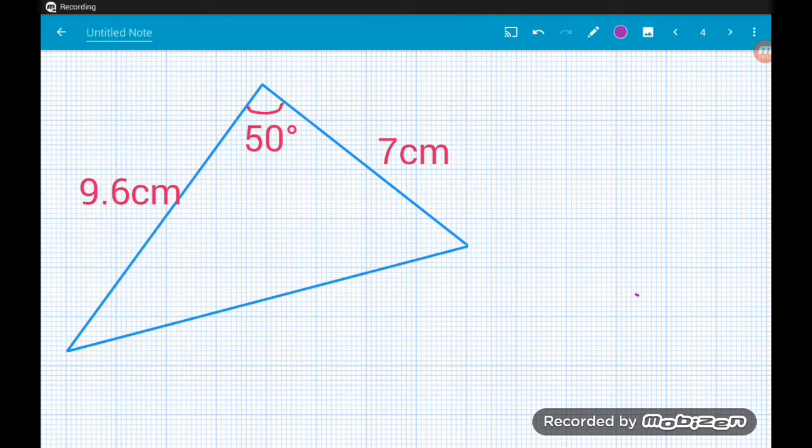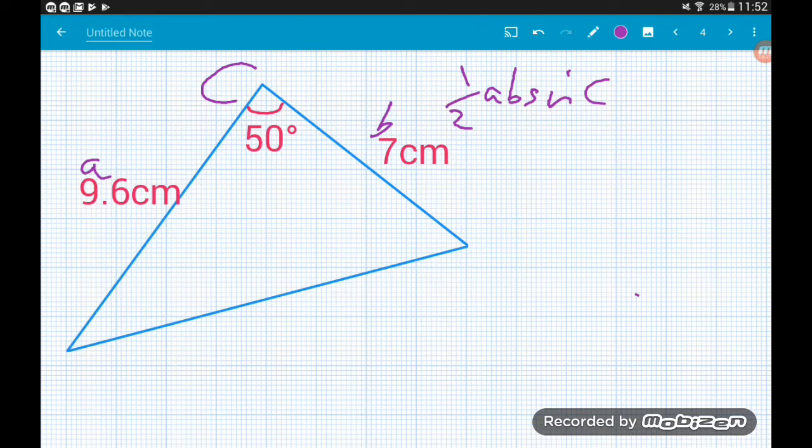Okay, so we have a similar sort of setup here. We've got one angle and we know the two side lengths coming out of it. If you like to think of this in terms of the formula, we can label this A and the 7 centimeter side B, or the other way around, of course, it does not matter at all. Then the angle is C. So the formula, 1/2 AB sine of C. Again, all we're doing is 1/2 times the side length times the other side length times the sine of the angle.